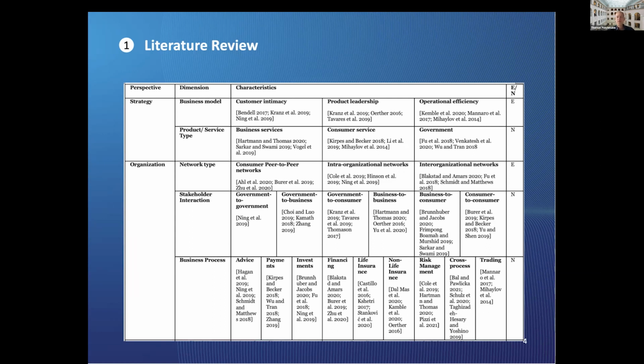So then we tried to cluster it according to the results we found here, and we did that in terms of perspectives, dimensions, and characteristics. So each of the perspectives then breaks down into different dimensions. Here on a strategy domain, for example, this is business models and product and service types, which then breaks down again into characteristics, which, for example, on the business model side are customer intimacy, product leadership, and operational efficiency.